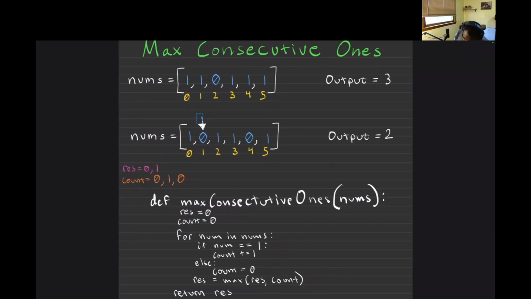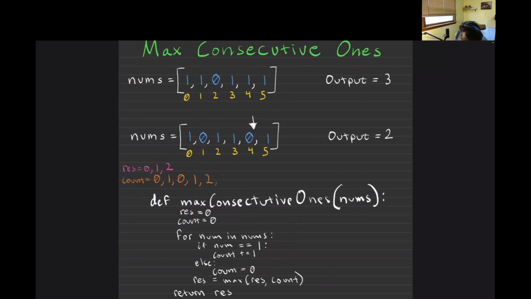Okay. We get here, right? So we're here. Count becomes 1. Res is already 1, right? So we move on. We get here. Count becomes 2. Res is the max between res and count, right? So res becomes 2. We get here. We don't hit this case, but we hit this case, right? Else, when num is equal to 0, count is equal to 0.